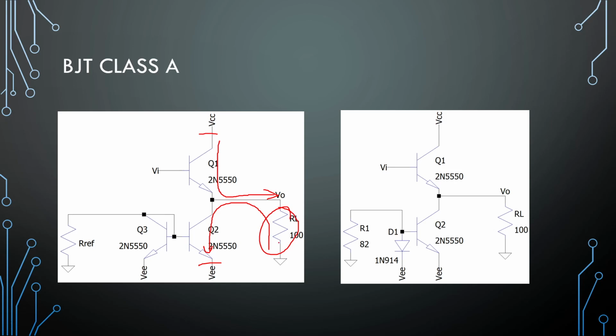Right, so it's a current source design. The current flowing on this side is the same as the current flowing on that side. So one of the defects of this design is typically that we have a lot of current sources and current everywhere that's not always in use. So it's not very efficient.